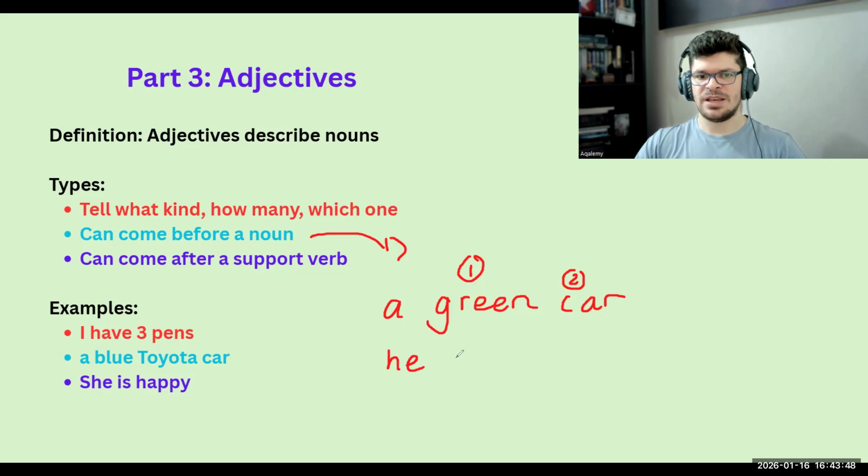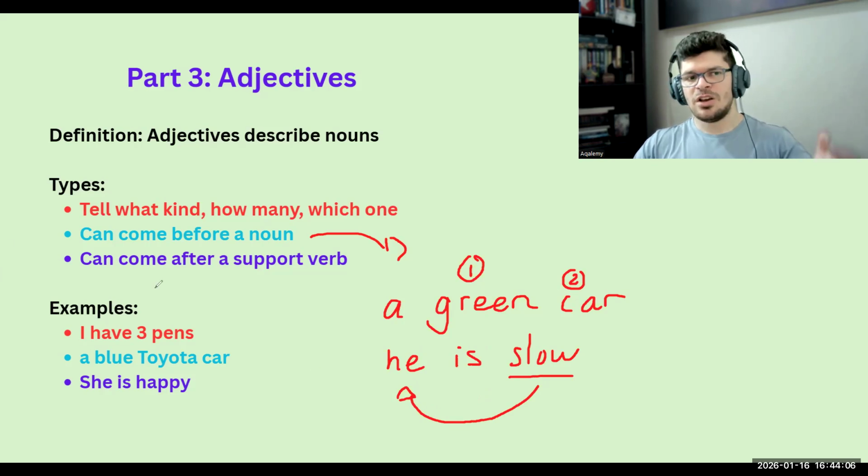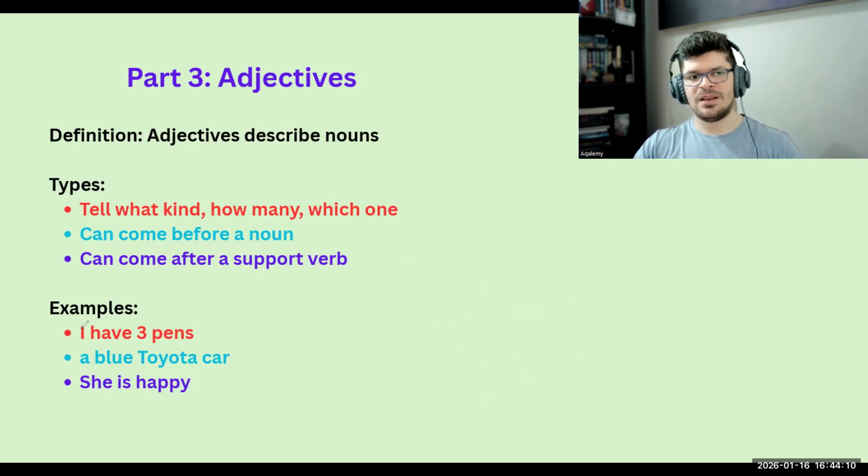For example, he is slow. This one is adjective, slow. It gives us understanding for he. The boy is slow. I hope you understand.